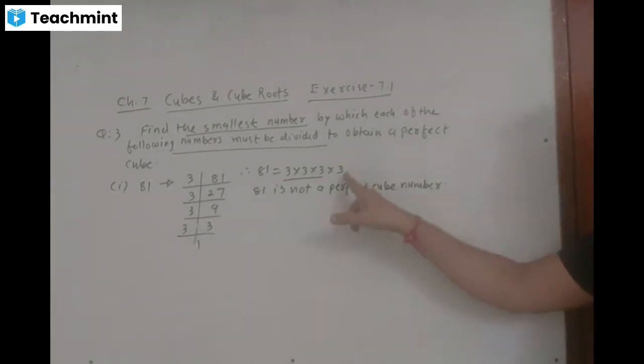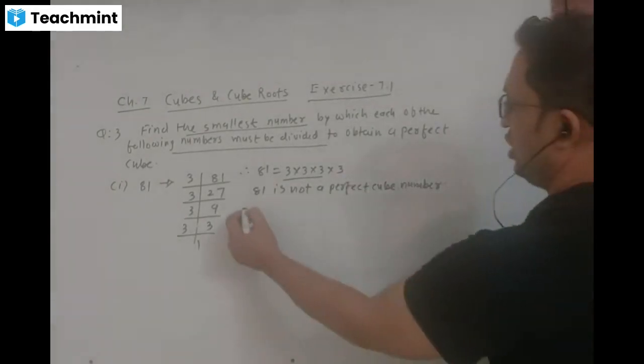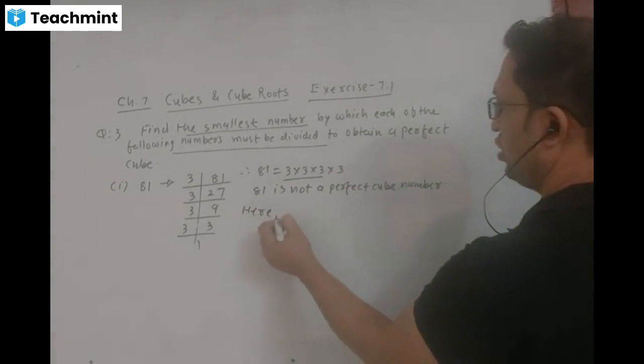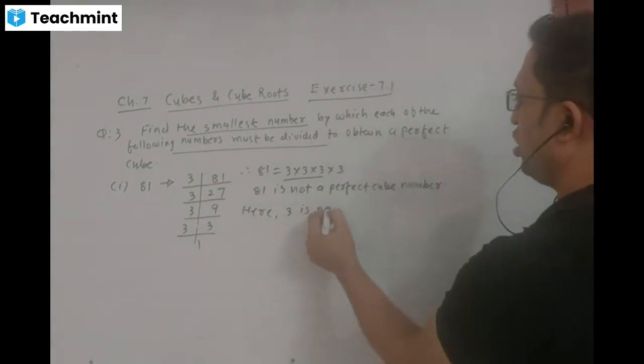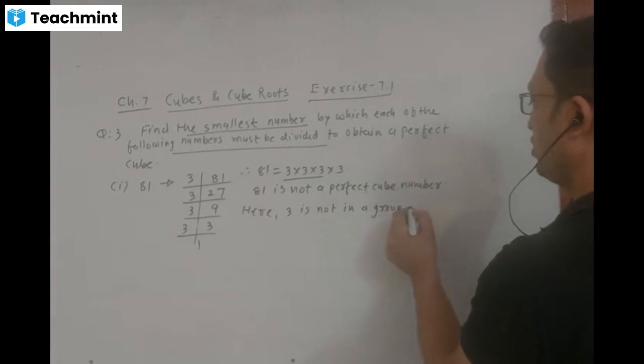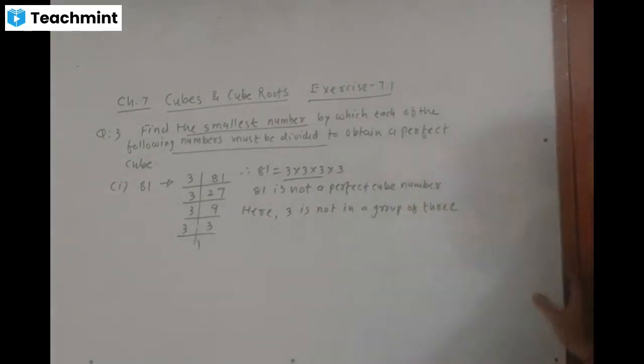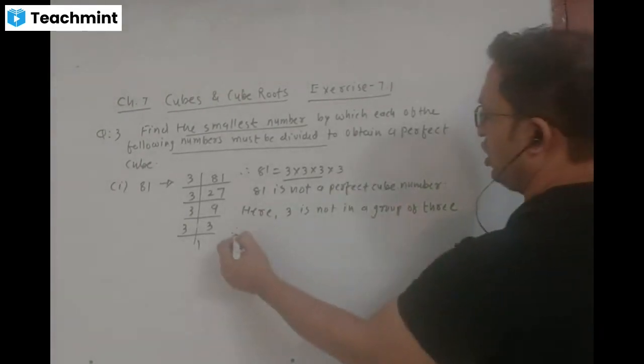Here 3 is only one time. Here 3 is not in a group of 3 numbers. Therefore the number must be divided by 3.